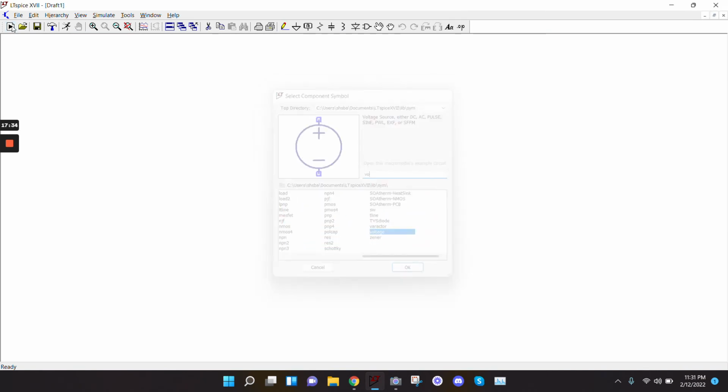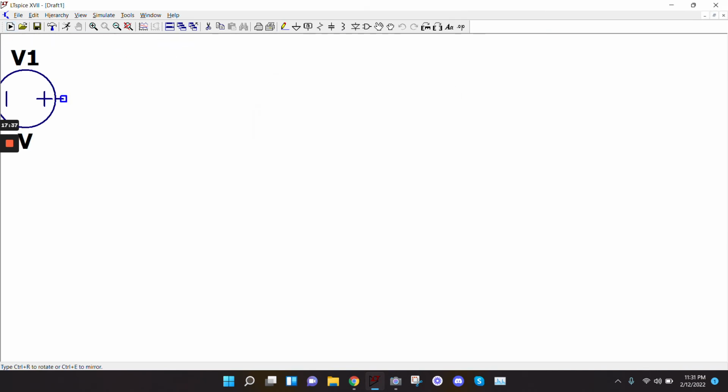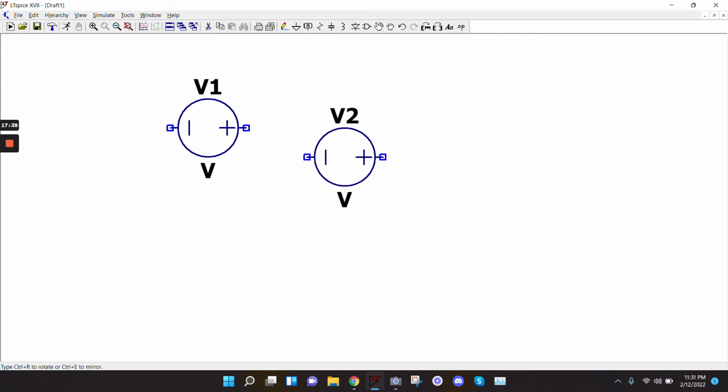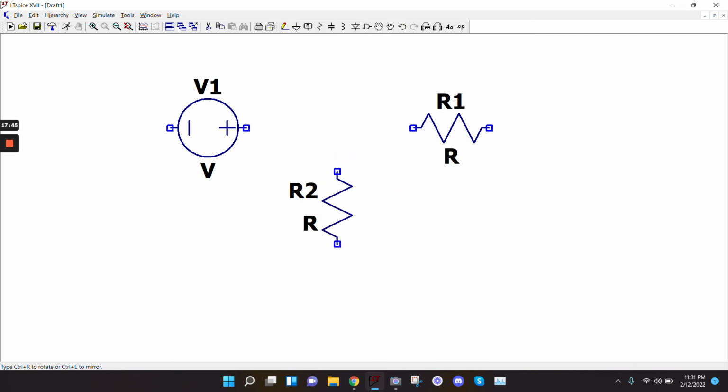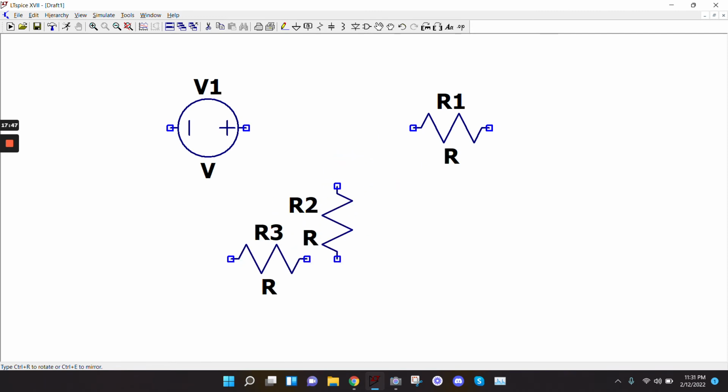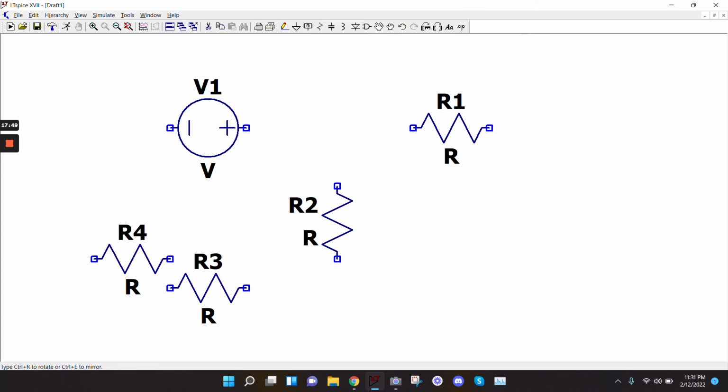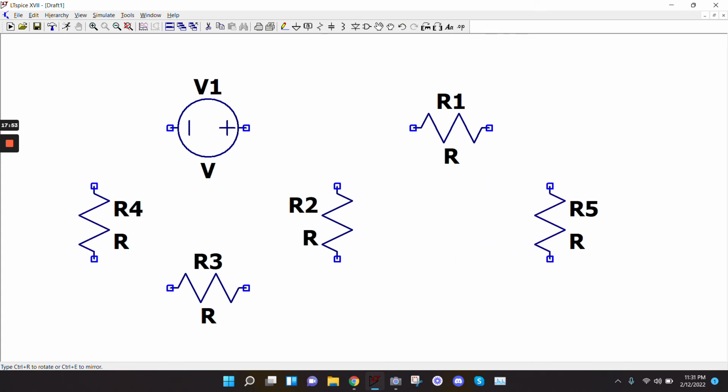And we've got a voltage source that looks something like that. Got some resistors. One there, one there, one here, one here, and then one over here. And then we'll connect. This is a lot harder without a mouse, guys.